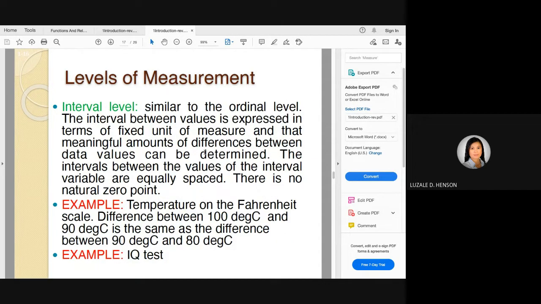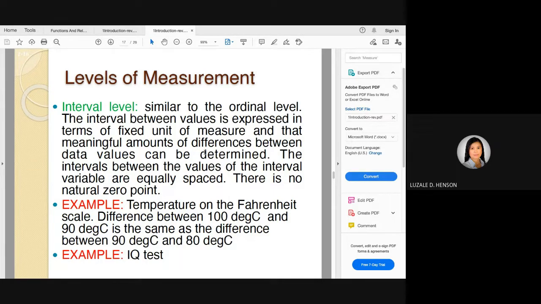So, third level is what you call interval level. Ito naman yung numbers na. Kasi, yung kanina, nominal, ordinal, those are categorical levels. Category sila. Pero ito, this is what you call scale. Ang tawag doon sa SPSS, scale na siya. Dalawa ito: interval level and ratio level.